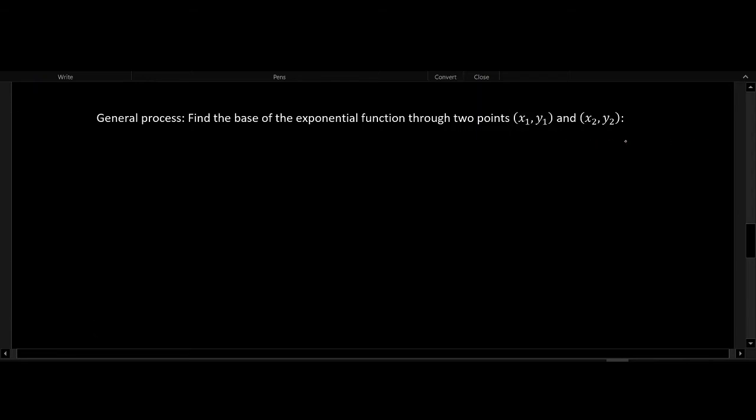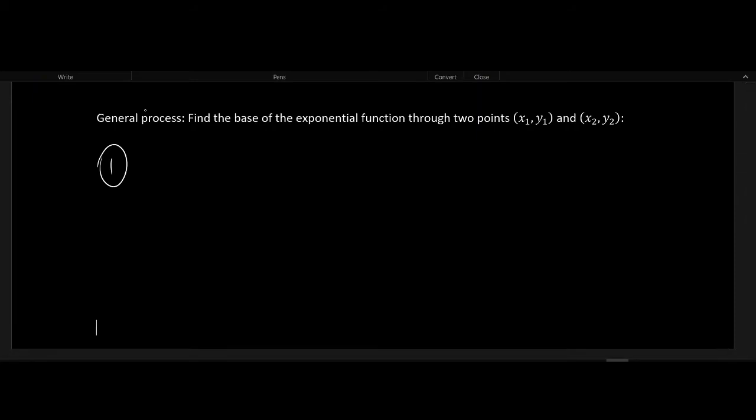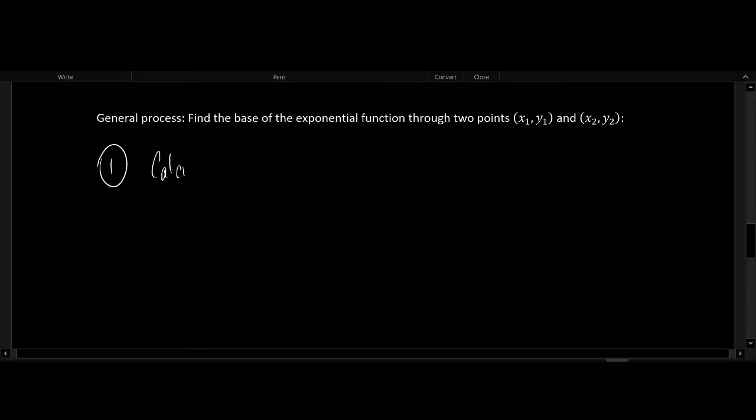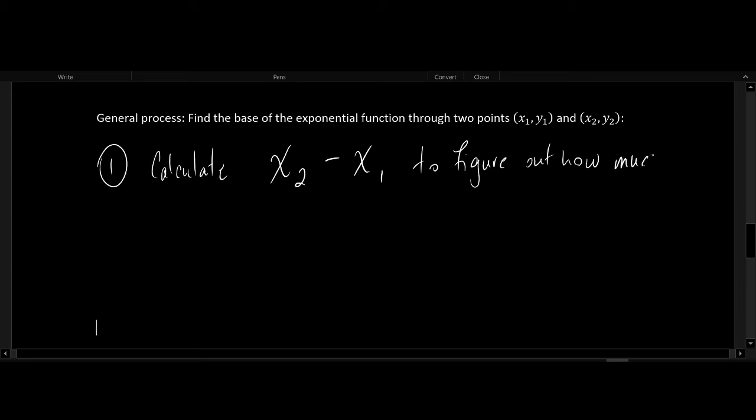And we're asked to find the base of the exponential function through these 2 points. So the first thing that you need to do is figure out how much x has increased. Calculate the last x minus the first x to figure out how much x has increased.